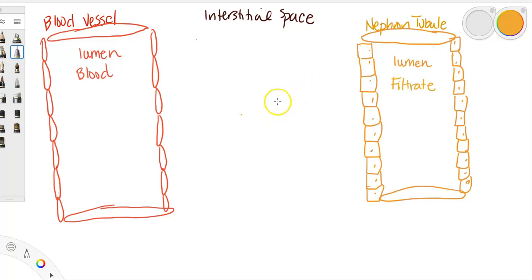So the filtrate, again, we're talking about we're filtering blood. So when we're doing that and things are moving from the blood into the lumen of the tubule, correct? So this works just, remember, the vessels here, these are capillaries.